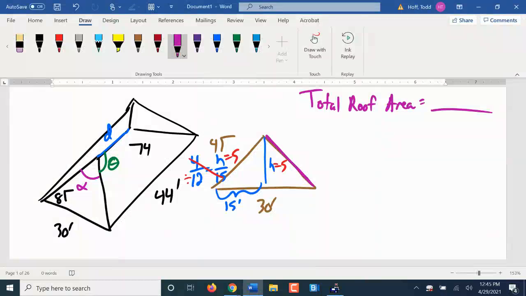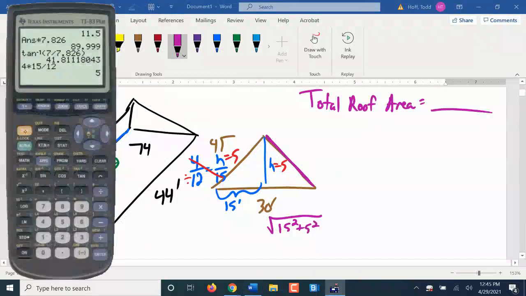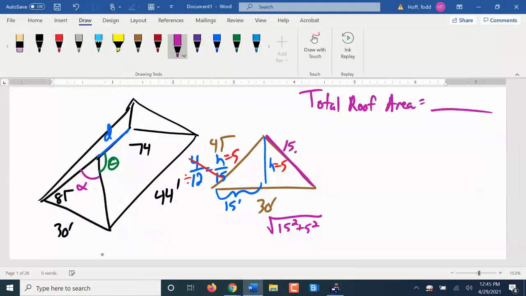That's going to be the square root of 15 squared plus 5 squared, 15.811 feet. So we know that length of that common rafter. I'm going to draw it right here because it'll be more useful there in just a few minutes. So 15.811 feet.